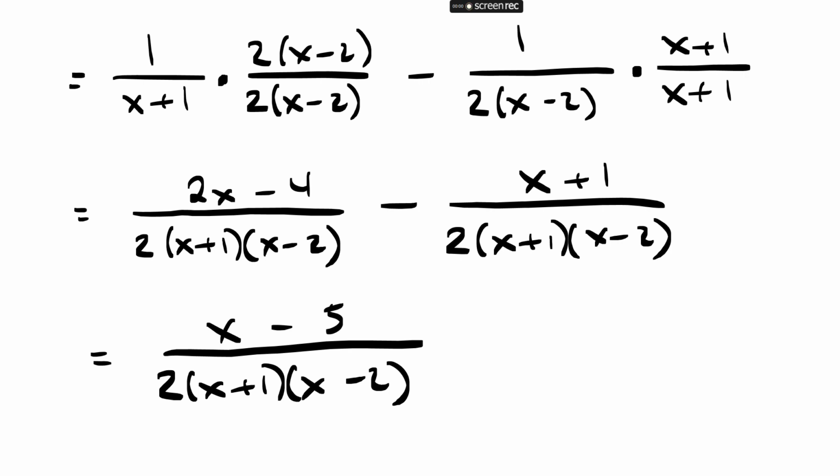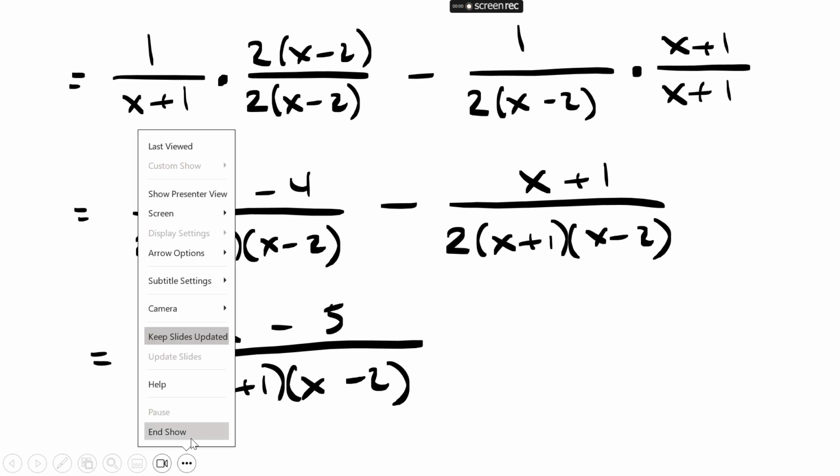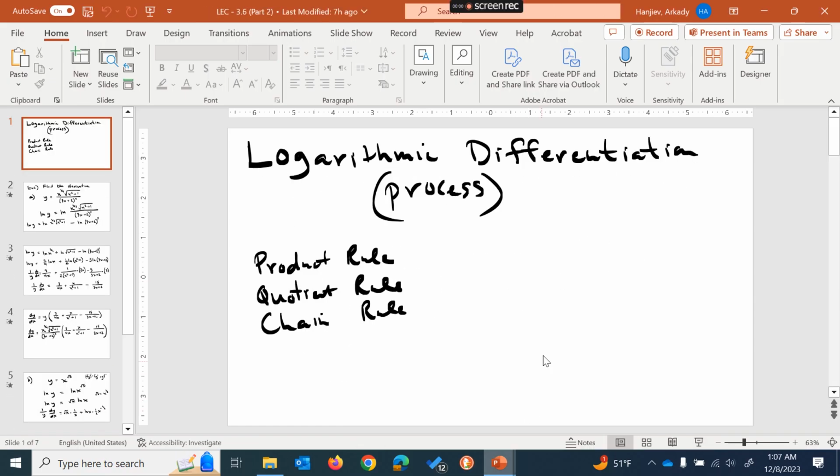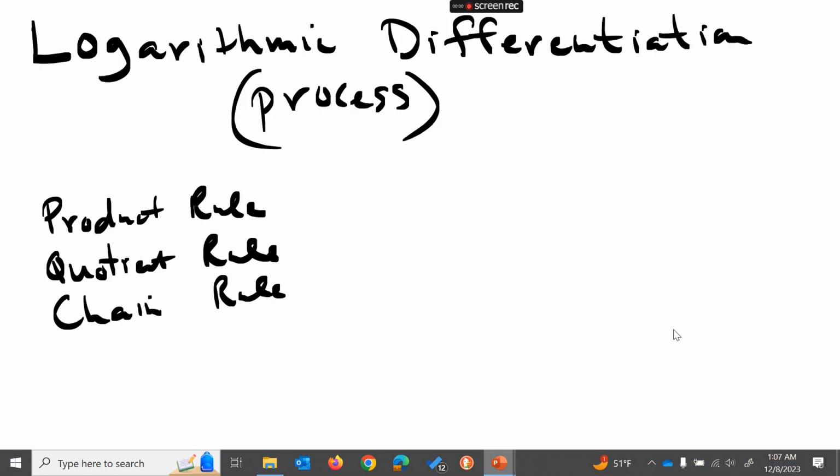All right. Okay. I got to show you one more thing as well. So let me go into slideshow here real quick. I'm going to jump to this one. Not only is logarithmic differentiation a differential rule, but it's also a process.